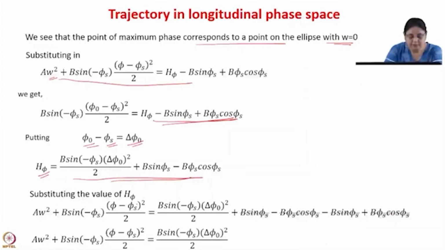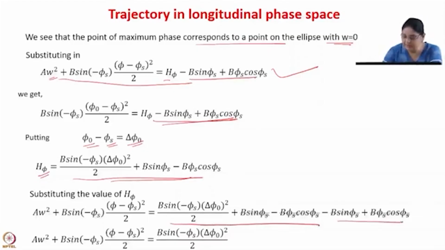Now substituting the value of H phi in this expression, we get A w square plus B sine of minus phi s, (phi minus phi s) square by 2 is equal to, so now we are putting the value of H phi here. This is the value of H phi, and these two terms remain. We see that these terms now cancel out, and we are left with only these three terms here.